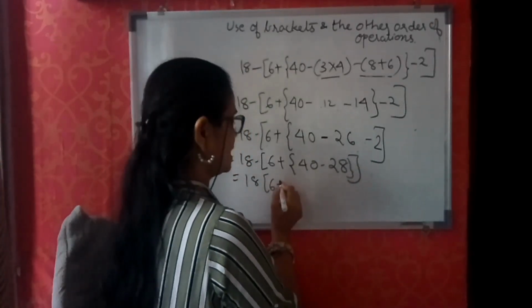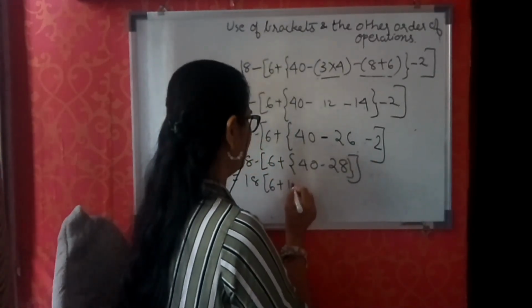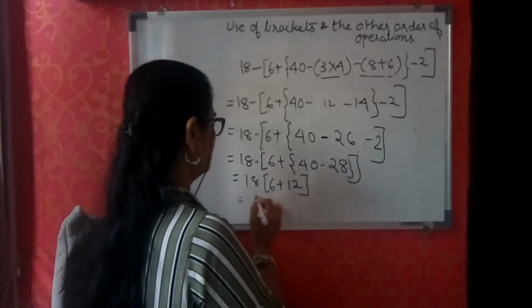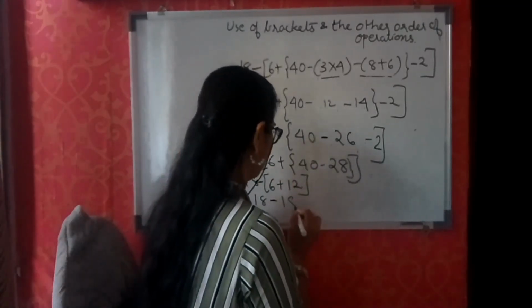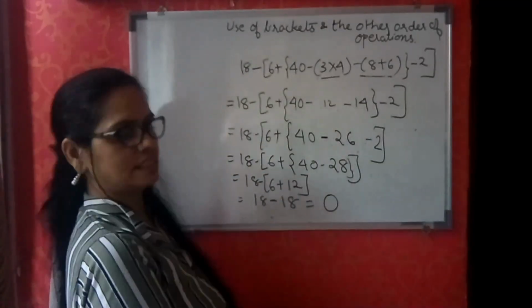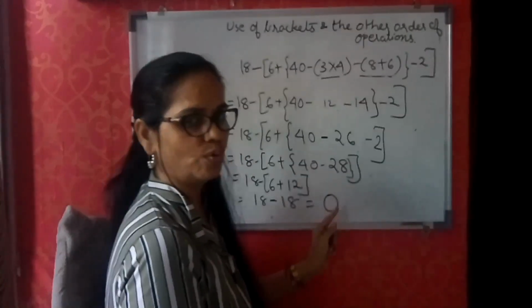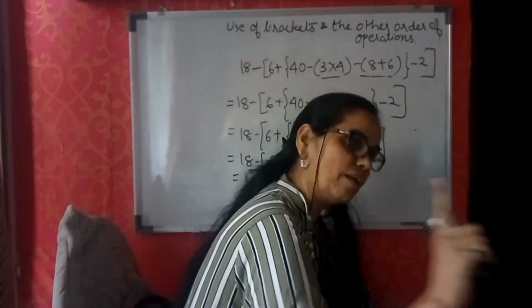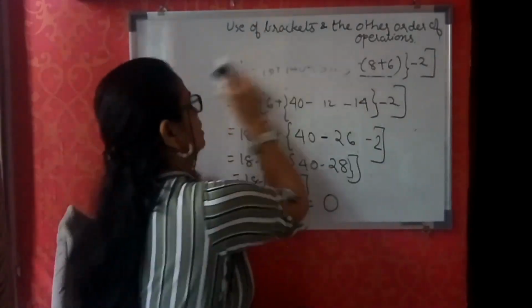And this would be 6 plus 40 minus 28, which would be 18, and here minus sign, minus 18. So our answer is 0. So this way by using the BODMAS rule we are solving the sum, right? Now, last sum.